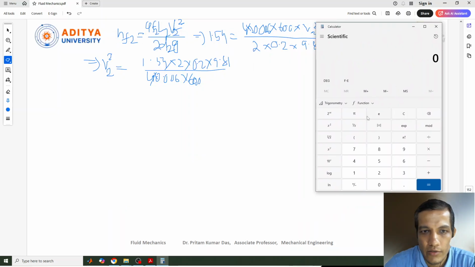Let's do this. 1.54 multiply 2 into 0.2 into 9.81, divided by bracket start 4 into 0.006 into 600 length, bracket close.